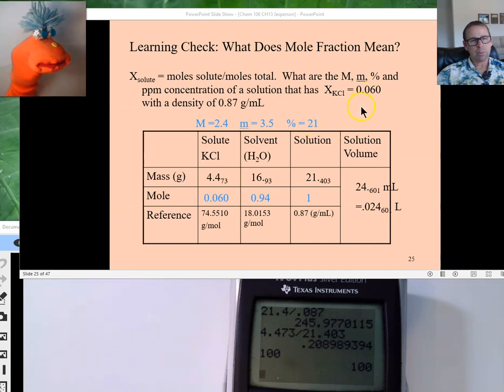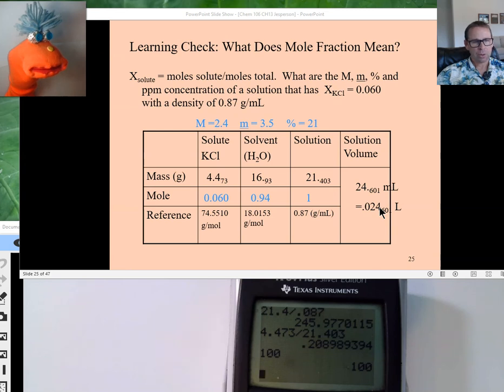All right, and the last one, parts per million. Milligrams, or 4,473 of solute, divided by liters of solution, right? That's right, liters of solution, which is, in this case, 0.0246 liters. Okay, so folks at home, try to do that in your calculator. Try to get the right answer. I will work on it as well.